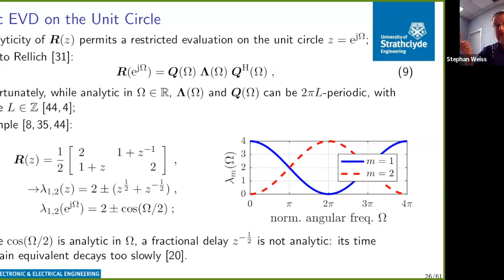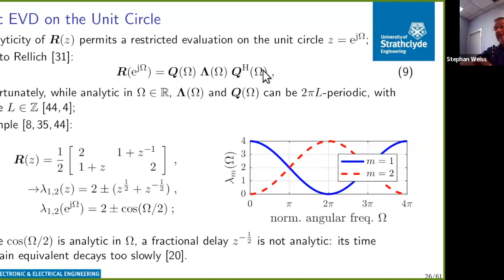So if this is given, which in reality you'll find, then this matrix R of Z is going to be analytic in Z. So we can evaluate this on the unit circle, and we can directly apply the Ehrlich result and find this factorization.